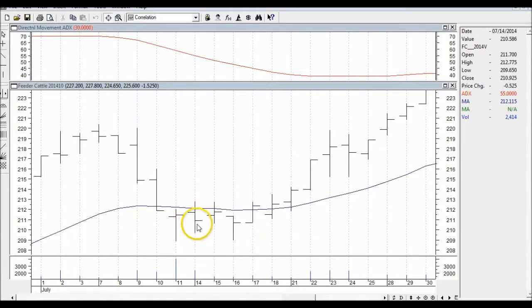You end up with a situation where the market closes at a loss for the day. So some swing traders are going to exit at the close there. And then the market on this day makes a 3-day low and comes very close to the low of the original signal day.